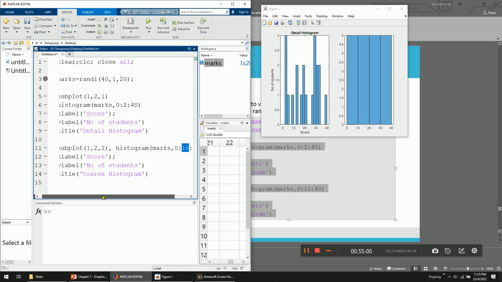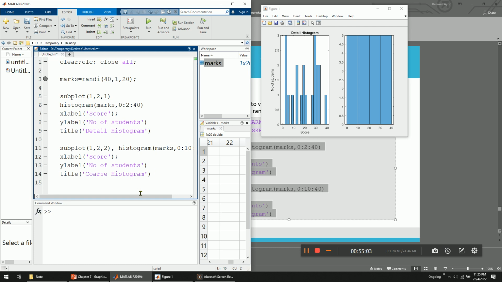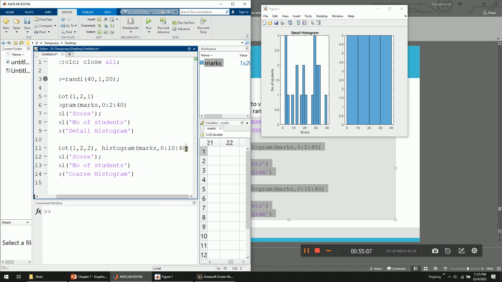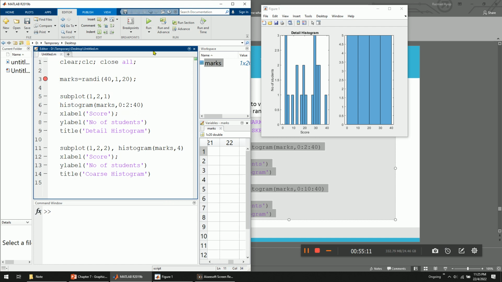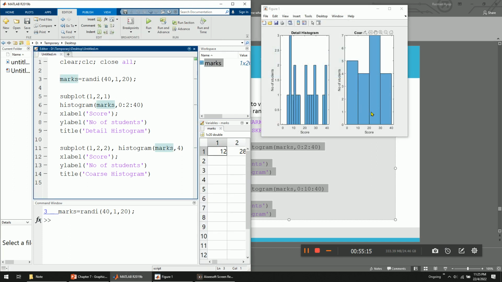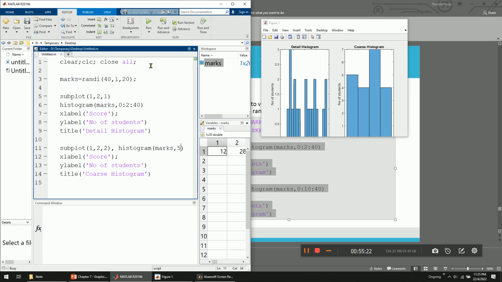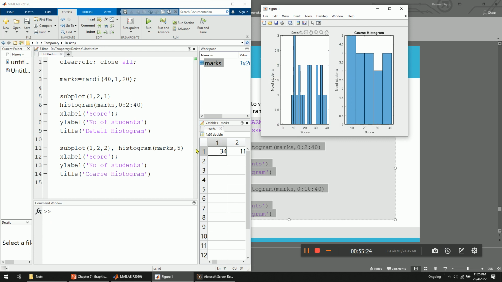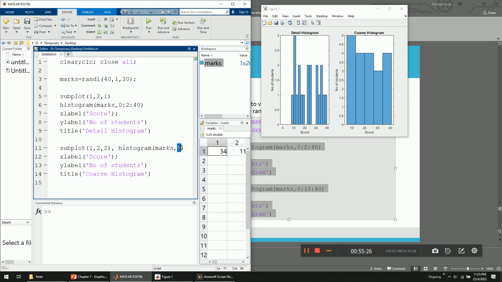If you don't like this way, you can just divide by 1, 2, 3, 4. So instead of a vector, you can just use 4, and it will automatically divide it by 4. So it's the same. Maybe you want to divide by 5, it will become 5.